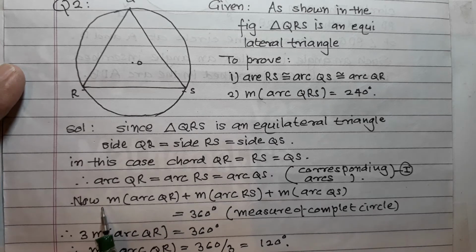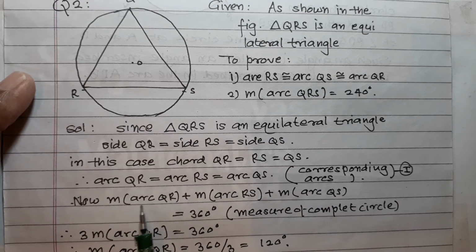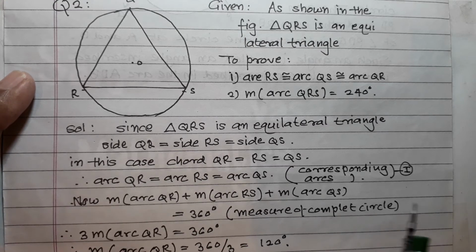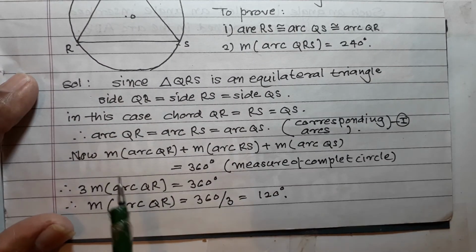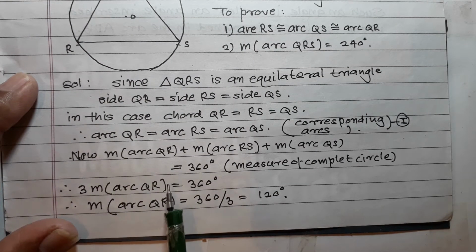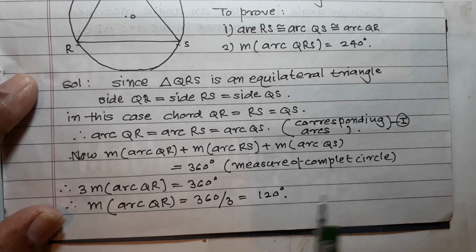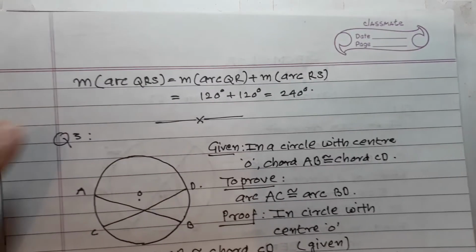And now measure QR plus measure RS plus measure QS is equal to 360, the measure of the complete circle, and therefore 3 times measure QR is equal to 360, and therefore measure QR is equal to 360 upon 3, which is 120.